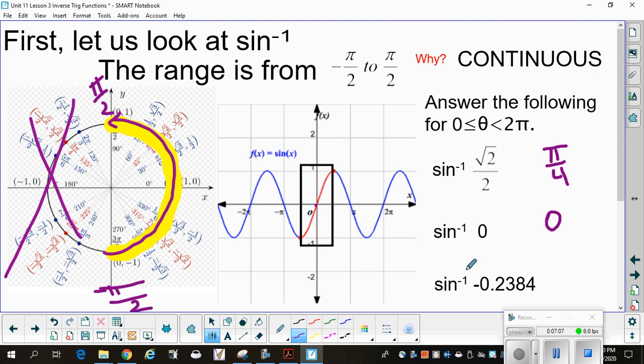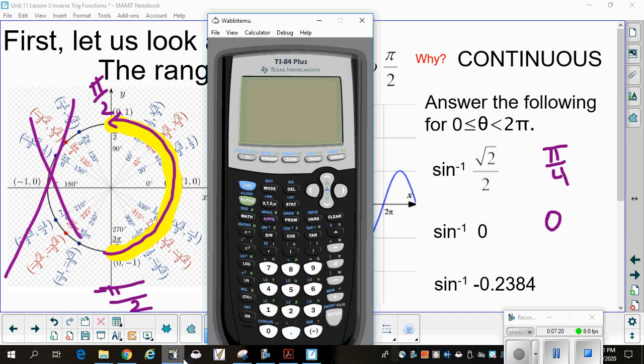Now, the inverse sine of negative 0.2384. That I'm going to have to use a calculator because it's not one of my special angles or special values. So I pull up my calculator, turn it on, and clear it. I want to make sure I'm in radians because this is radians. So I go to mode and come down to radians. Then here, see sine inverse?